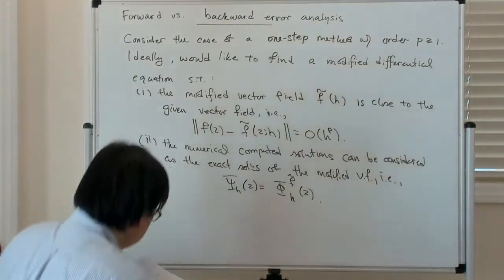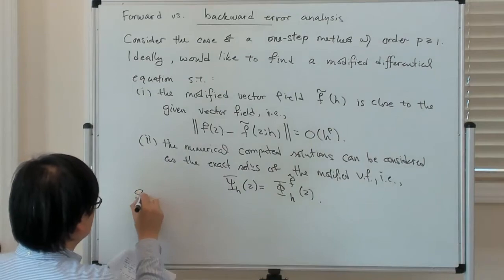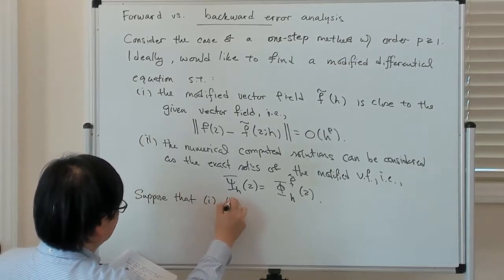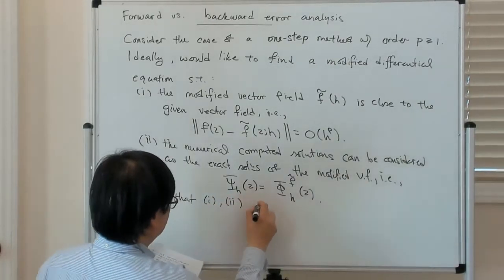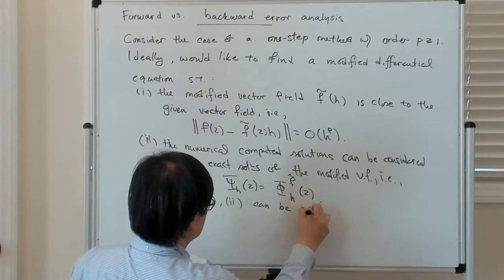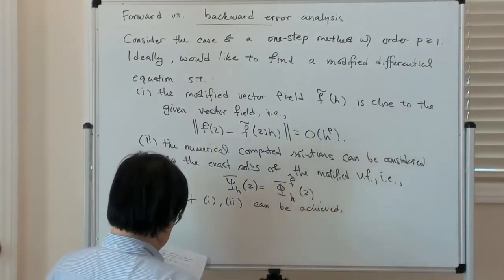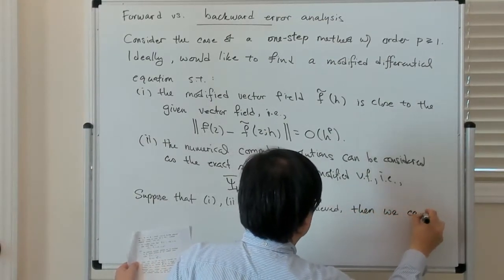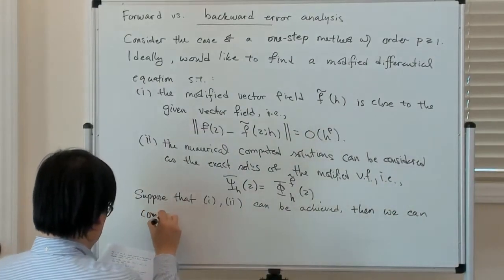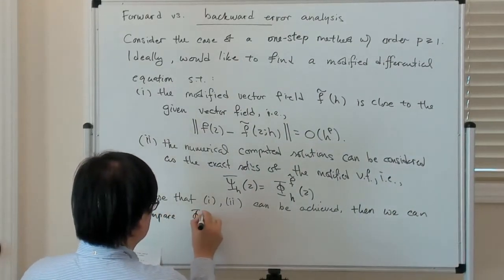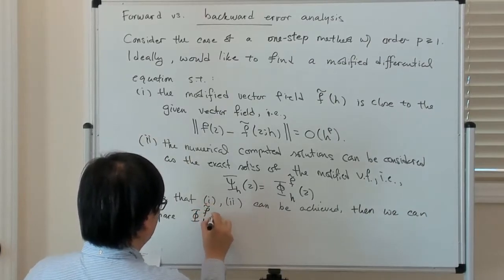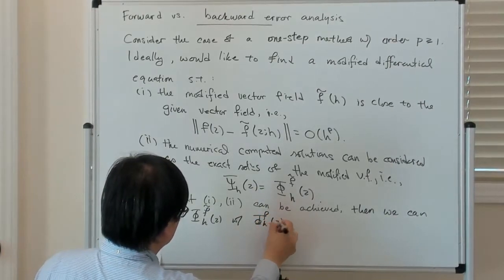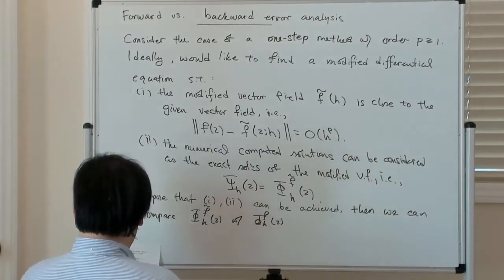So basically, let's suppose that 1 and 2 can be achieved. Then we can compare the exact flow map of the modified vector field with the flow map of the original vector field.